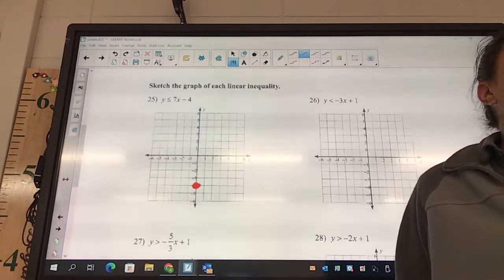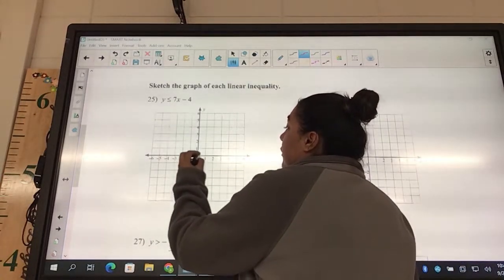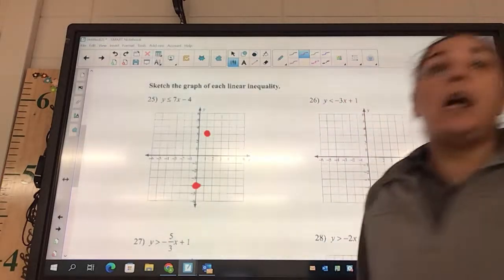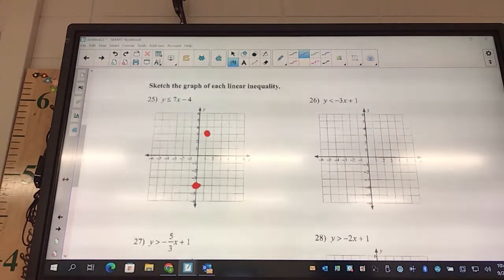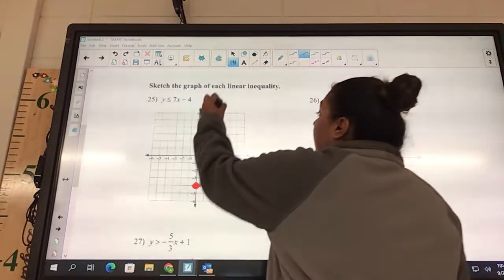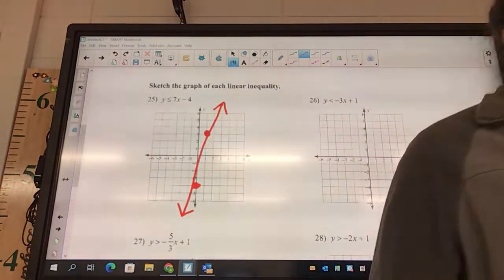Go up 7. And what? Over 1. Good. 1, 2, 3, 4, 5, 6, 7 over 1. Should this be a solid or dotted line? Solid. You sure? Yes. Okay, solid line. Okay, and then where do we shade?